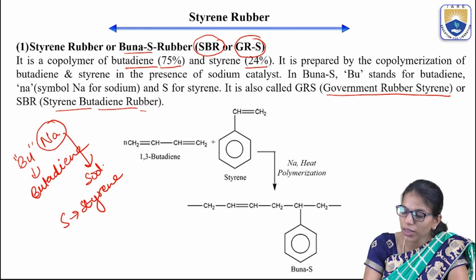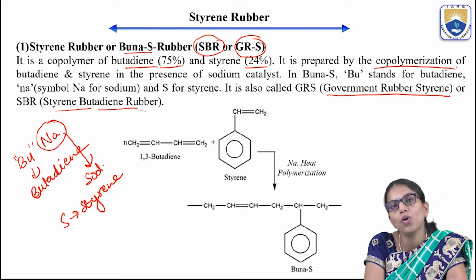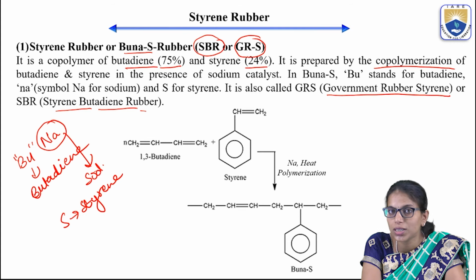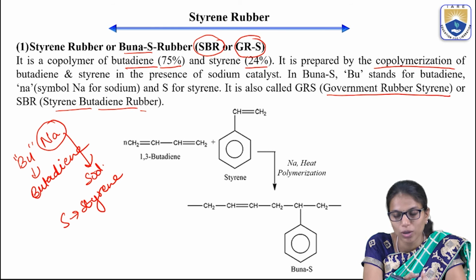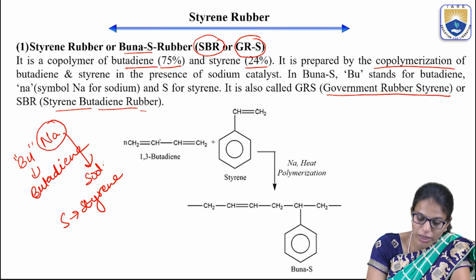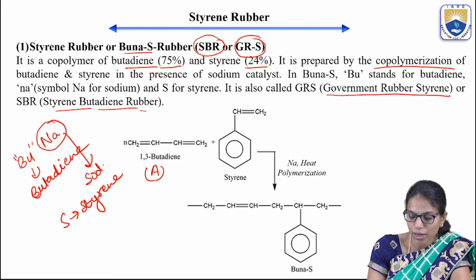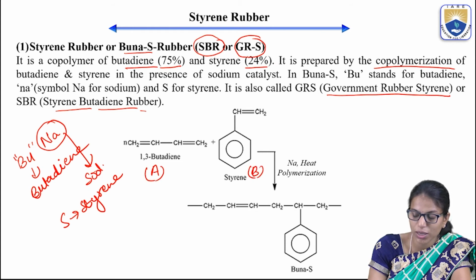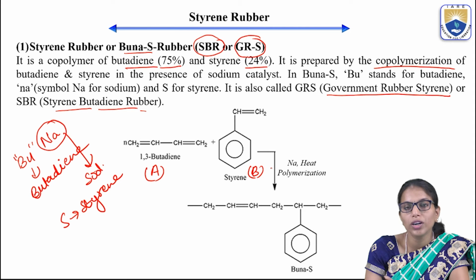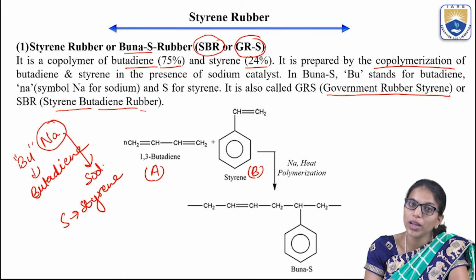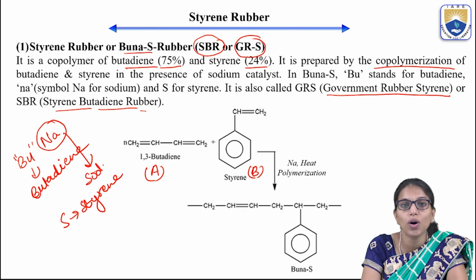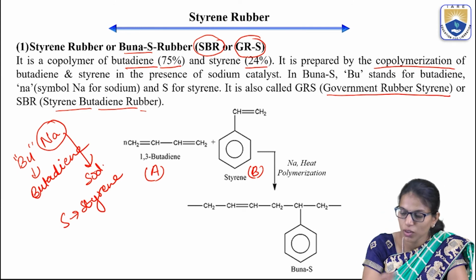It is prepared by copolymerization, which I have already discussed in the previous lecture. Copolymerization means we are taking different types of monomer. For example, if we take butadiene as A and styrene as B, then polymerizing these two different monomers is called copolymerization.